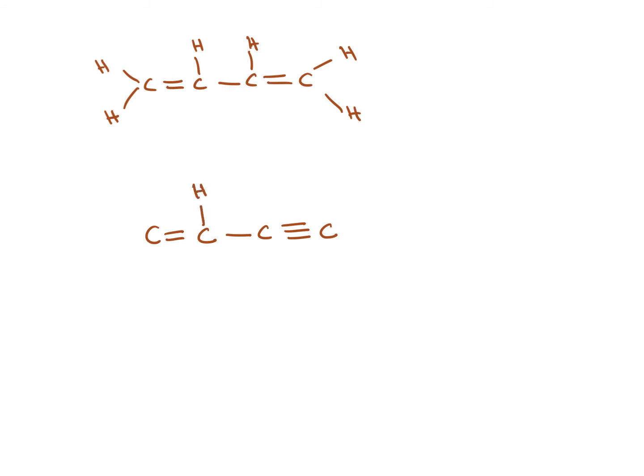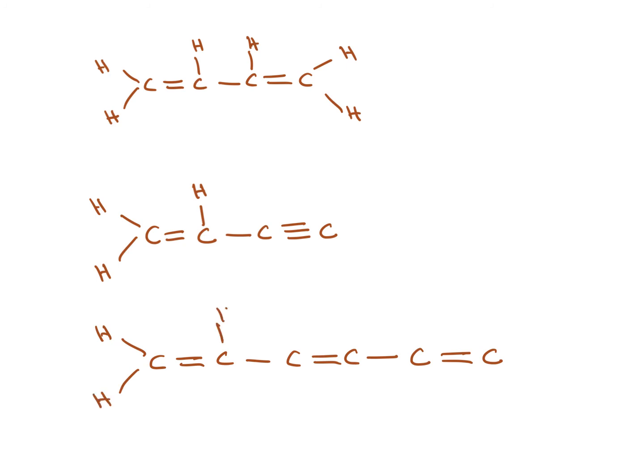So 1 hydrogen here, 2 hydrogens here. And remember, conjugated structures are when multiple bonds alternate with single bonds. Or I can have something like this. And I put these hydrogens so that I have 4 bonds between carbon and the other atom.